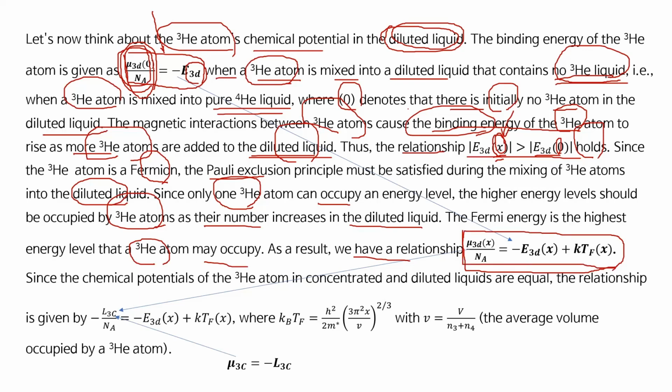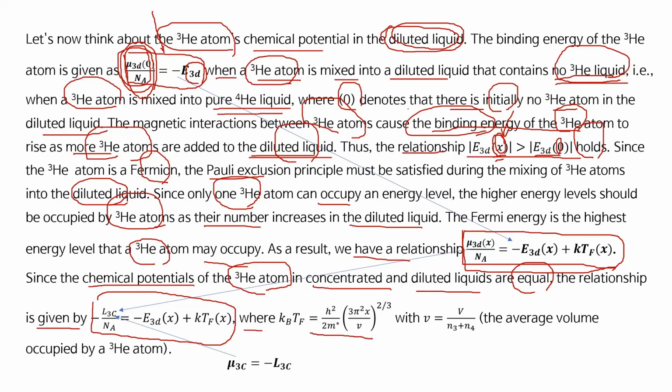Since the chemical potentials of the helium-3 atom in the concentrated and the diluted liquids are equal, the relationship is given by this equation, where kBT is given by this relationship, with mu being the average volume occupied by helium-3 atoms.